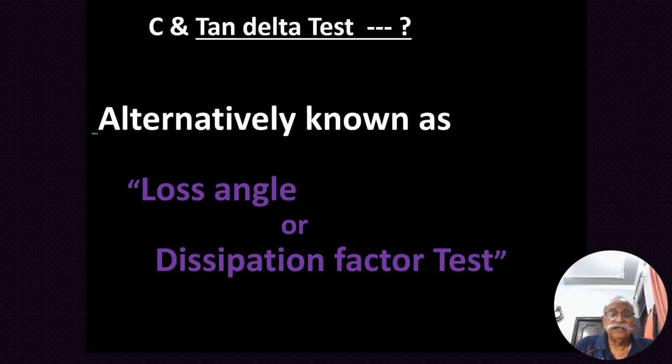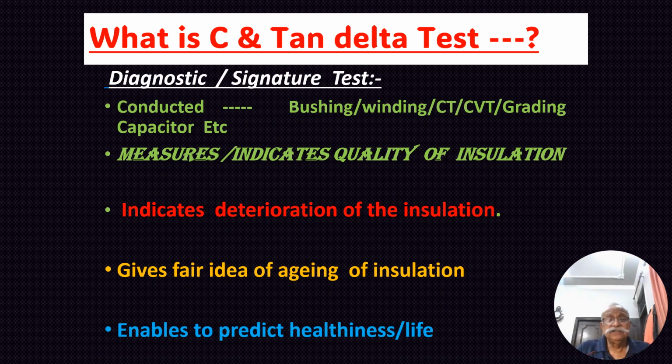Alternatively, tan delta is also known as loss angle or dissipation factor test. What is the tan delta test? It is a diagnostic signature test conducted on bushing, winding, CT, CVT, grading capacitor, etc. It indicates the quality of insulation, indicates deterioration of the insulation, gives a fair idea of aging of insulation, and is able to predict healthiness and life.